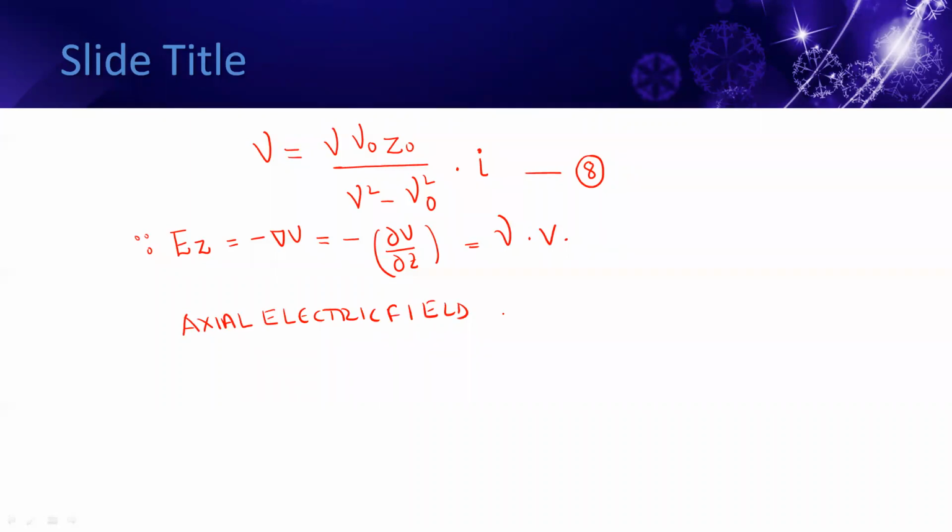Here the axial electric field is formulated by Ez equals minus gamma square gamma Z naught divided by gamma square, into I.